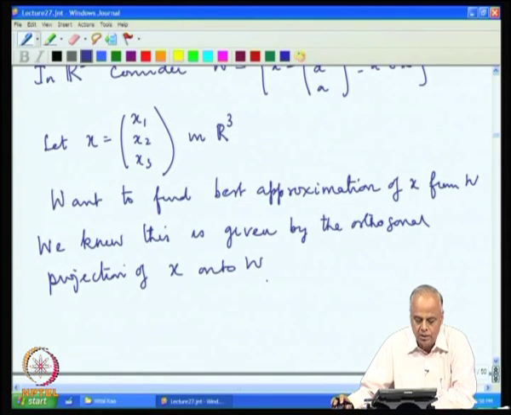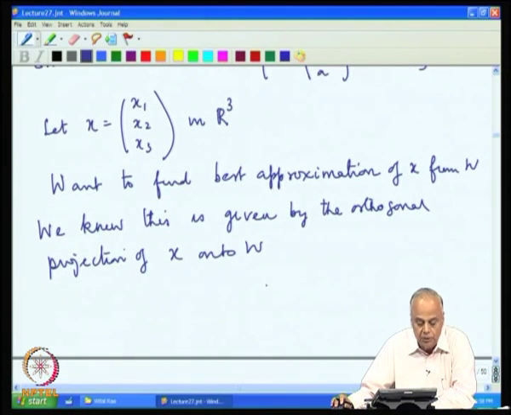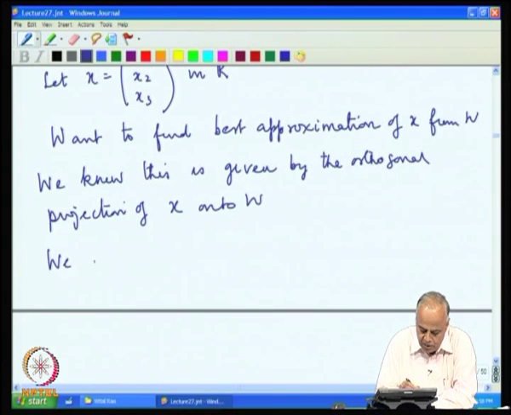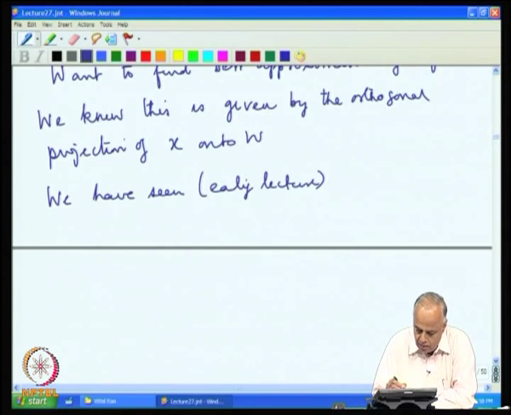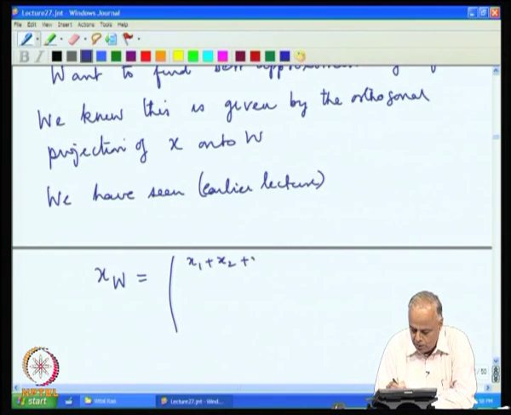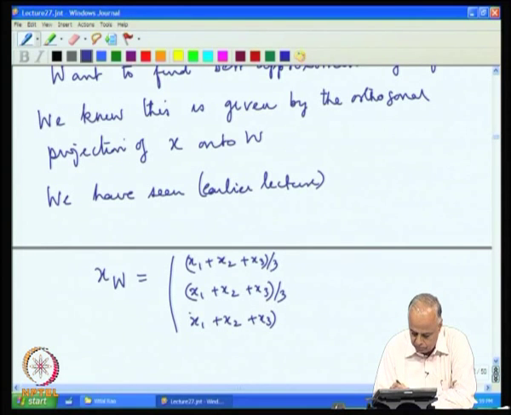We have seen in the earlier lectures that the orthogonal projection x_W is precisely (x1 + x2 + x3)/3, (x1 + x2 + x3)/3, (x1 + x2 + x3)/3.